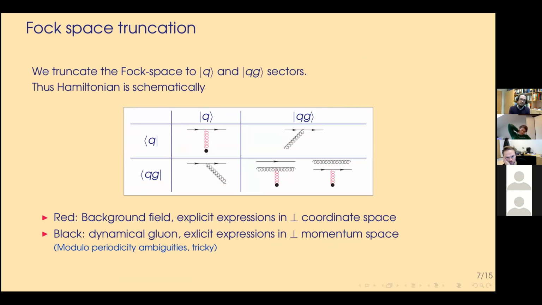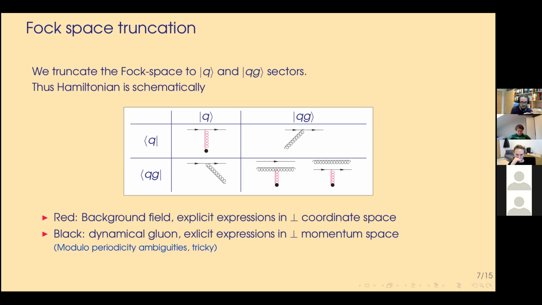Now, of course, it's impossible to solve full field theory, so we need to do some approximations. The approximation we do here is that we truncate the Fock space, and we are working explicitly in a Fock space. We truncate the Fock space to have only quark and quark-gluon states. Going to higher orders in this truncation is very expensive, because a 3-particle state is a tensor product of three 1-particle states.